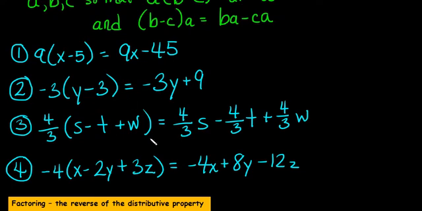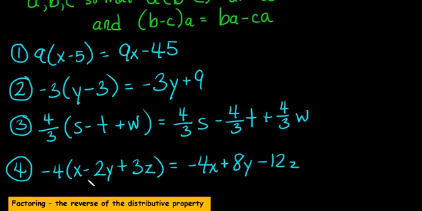4/3 times everything in here, (s minus t plus w). So that would be 4/3 times s, minus 4/3 times t, right here, plus 4/3 times w, right over here.